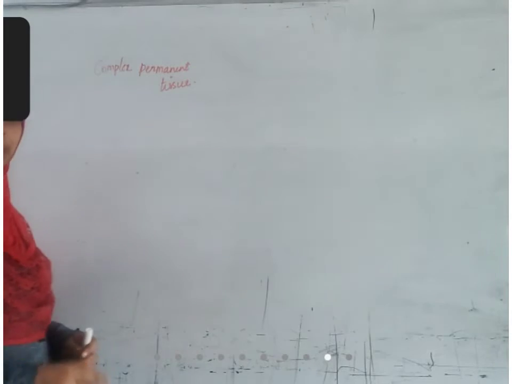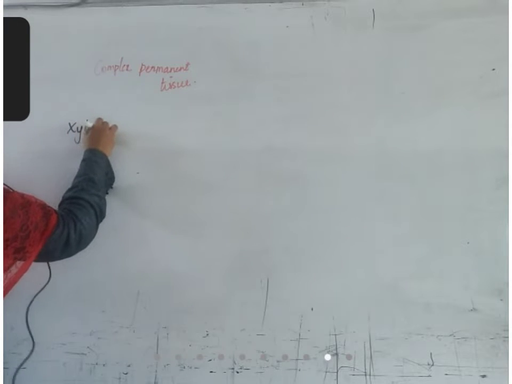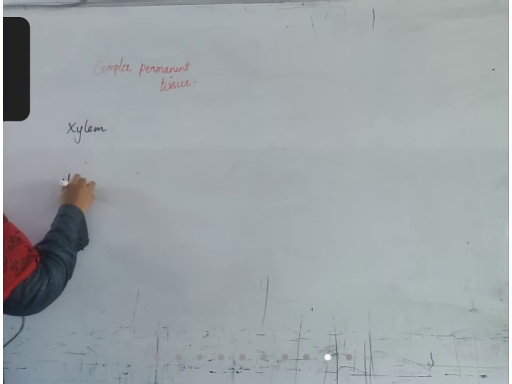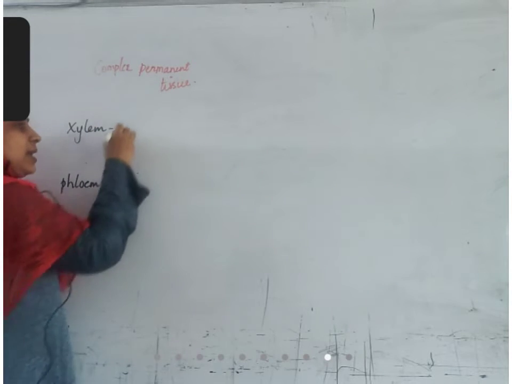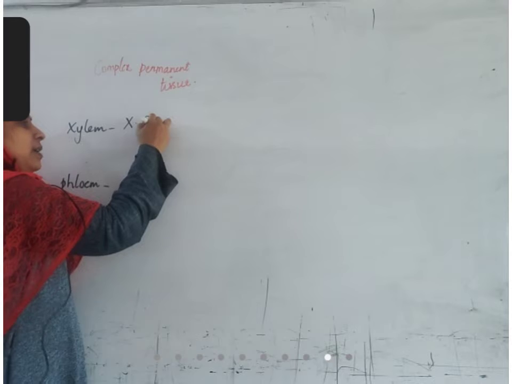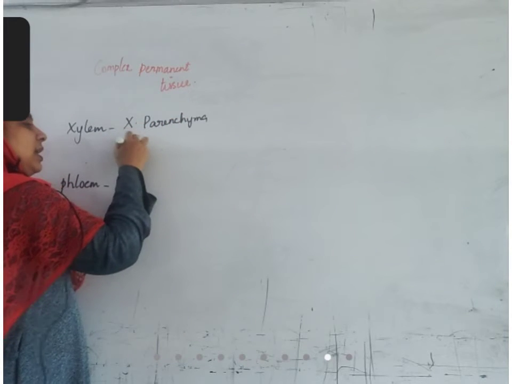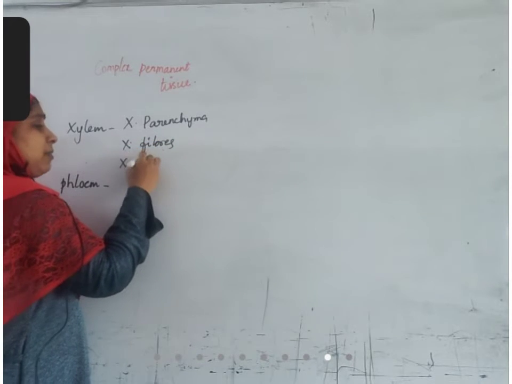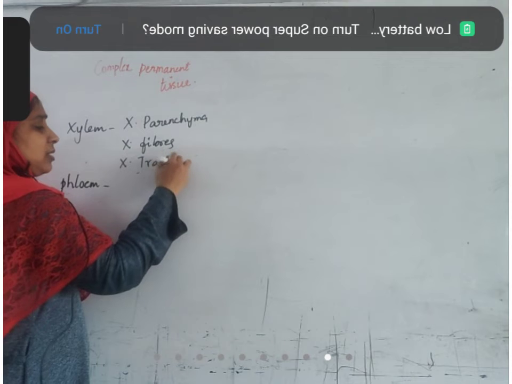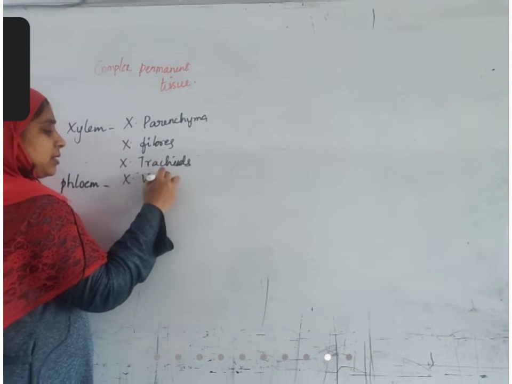Permanent tissue. We have xylem and phloem. I said they have different components. Xylem has xylem parenchyma, xylem fibers, xylem tracheids, and xylem vessels.